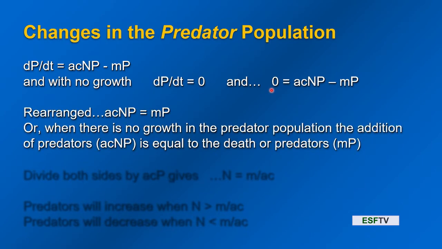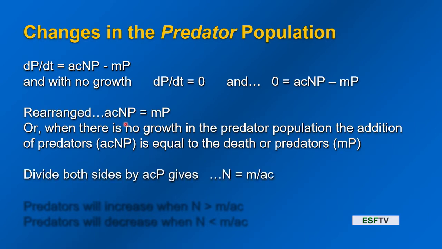And when there's no growth in the predator population, okay, that's what this is asking, then the predator growth is equal to the death of those predators, MP. So you have that equal sign. Divide both sides by ACP, then we come up with this, N equals M, cancel out the P, M divided by AC, because we divided both sides by ACP. N equals M divided by AC.